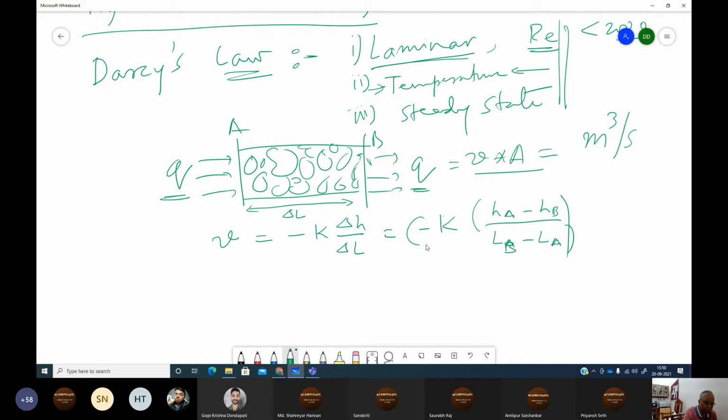Sir, to make velocity positive, because water will flow from high point to low point. Yeah. Your second statement is correct. Say here HA is greater than HB.